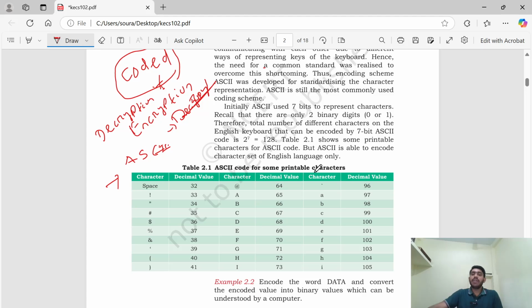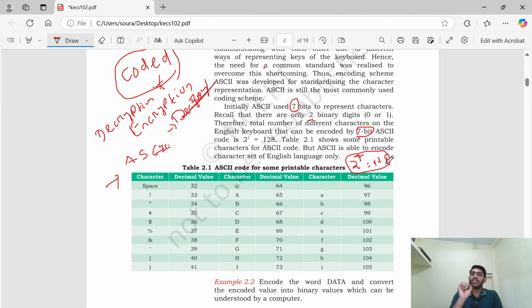ASCII uses 7 bits of code to represent a character. Remember, 7 bits. Recall there are only 2 binary digits, 0 or 1. Therefore the total number of different characters on the English keyboard that can be encoded by 7 bits of ASCII is 2 to the power 7, that is 128 characters.